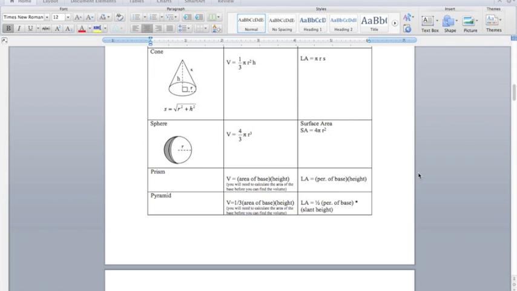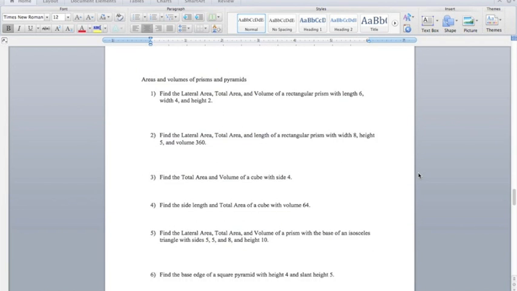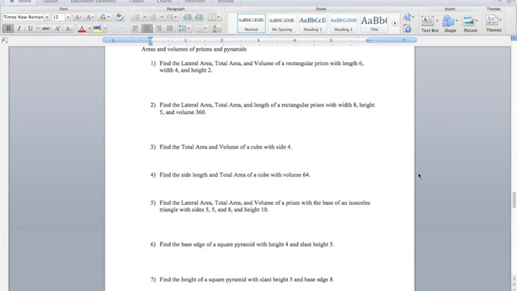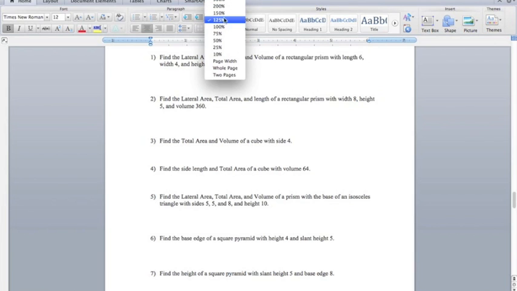For today's lesson, our notes have problems that are from both section 1 and 2. We are only going to work on the section 1 problems today. Let me make this a little bit bigger and easier to see.